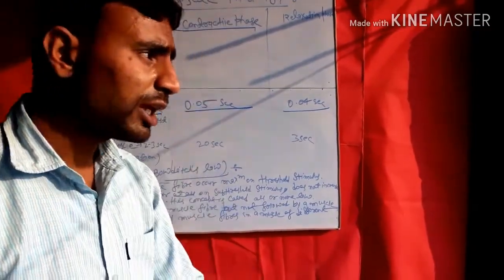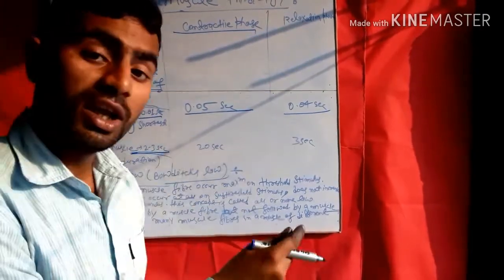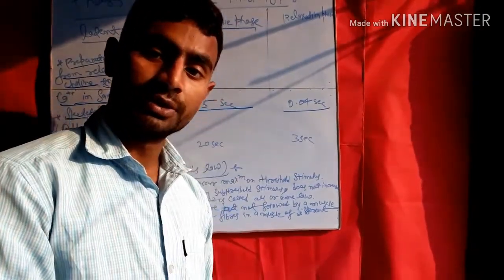For smooth muscle, the latent phase is 2 to 3 seconds. This is the largest duration.